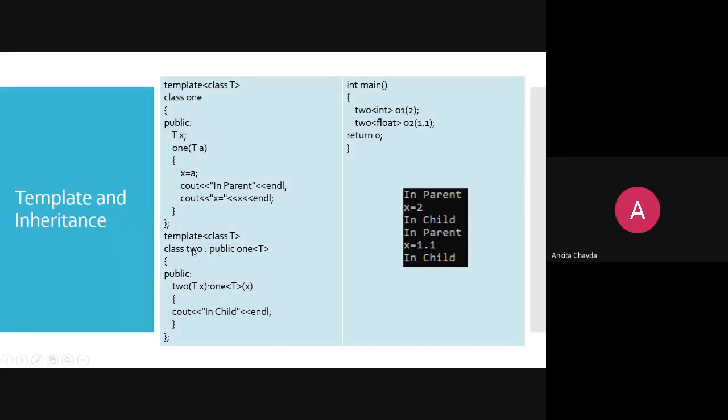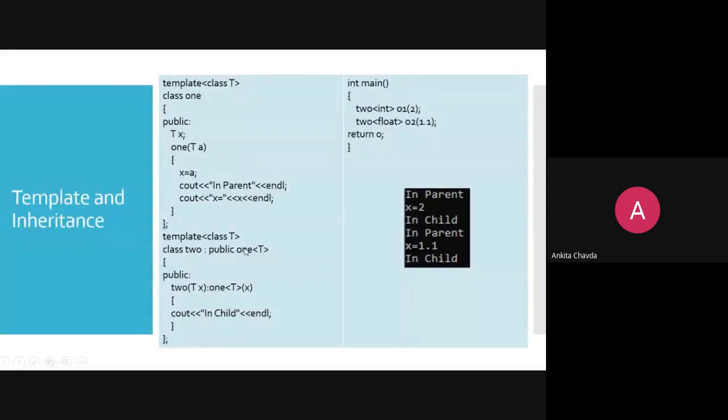Then I would have another class, class 2, derived publicly from class 1, and you also give the template variable you have used in class 1. Maybe it would be something different in your class 2, but here in both classes you are only using T, so there is no difference.